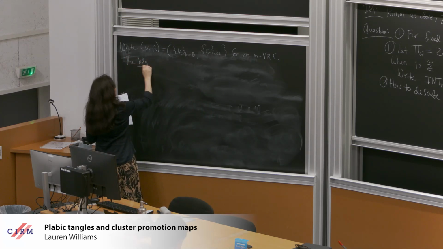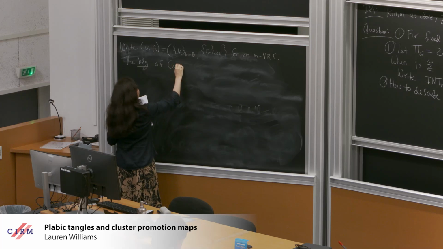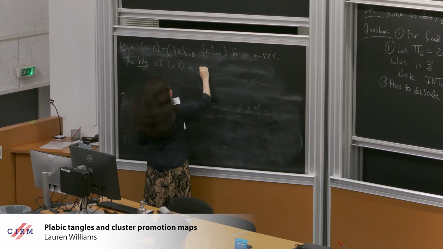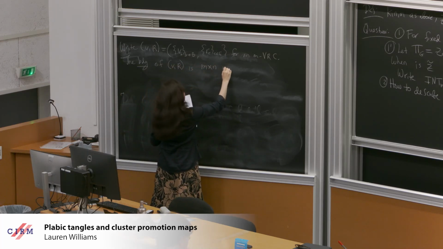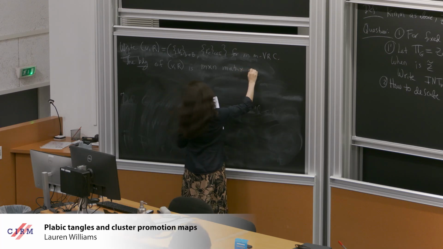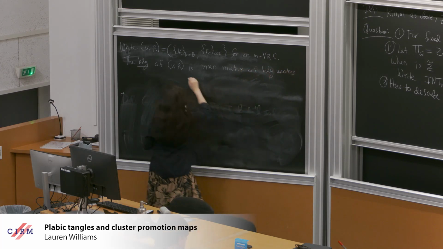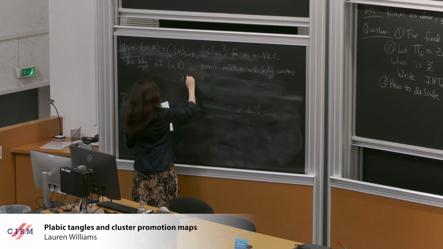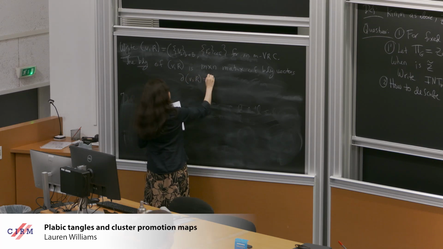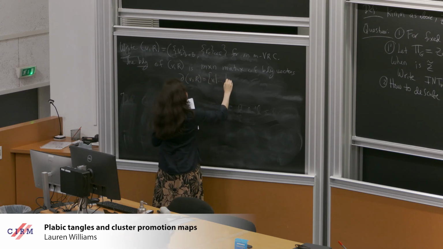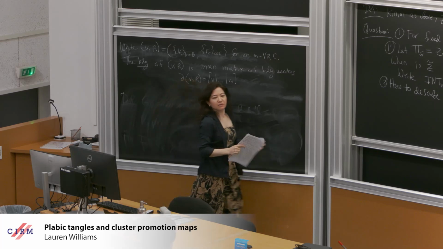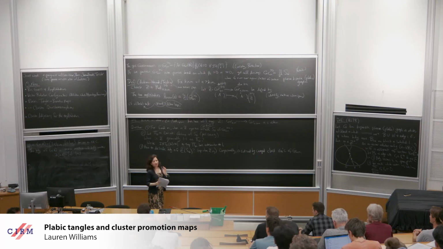And the boundary of my vector relation configuration is the m by n matrix of boundary vectors, which I will denote by boundary of VR is V1 through Vn. Okay. So this is just reading off the vectors around the boundary of the disk.